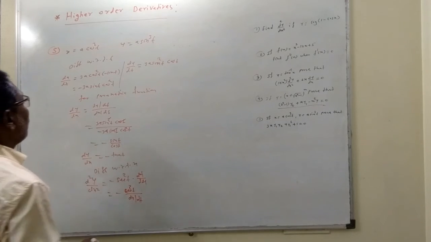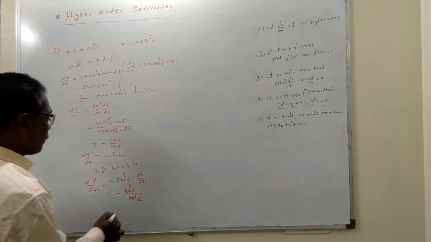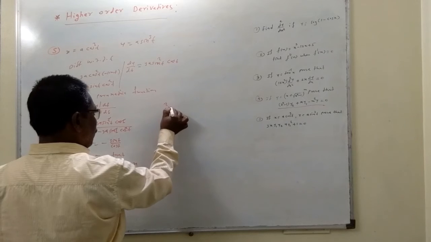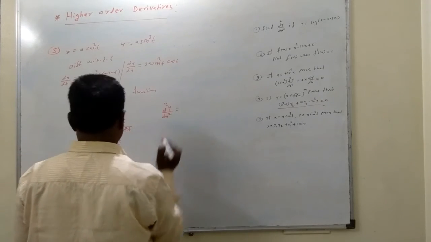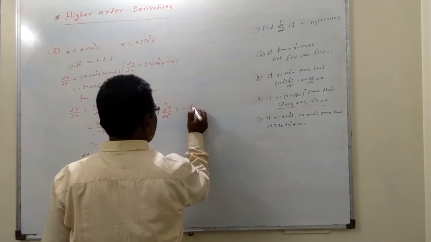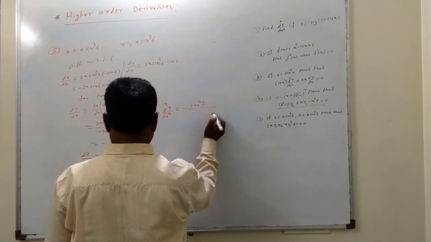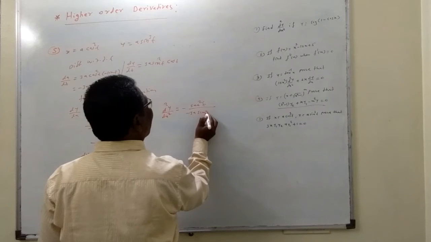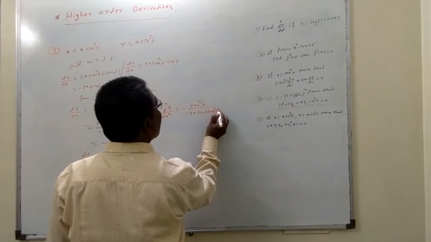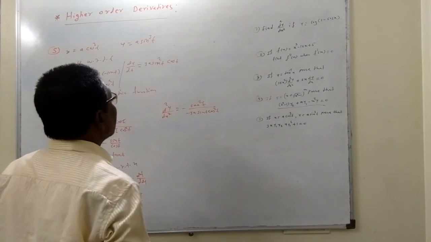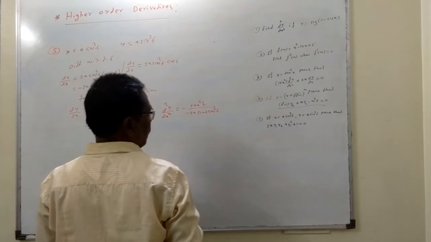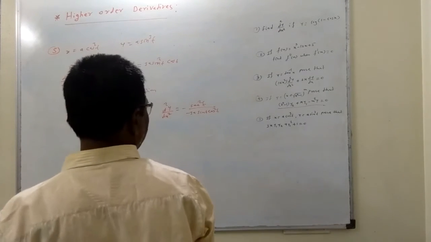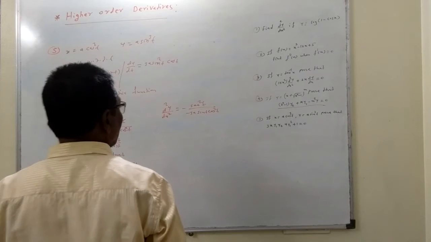Now introduce the value of this dx upon dt here. So d2y by dx square equal to minus sec square t divided by dx upon dt, which is minus 3a sin t cos square t. Now here you want to eliminate t, t is not in the result.